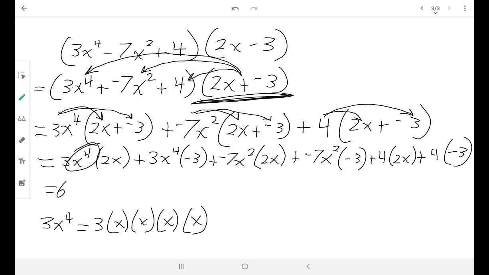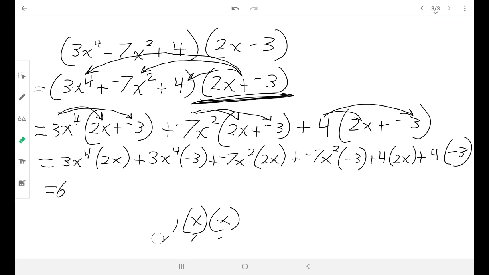And so that's this one here. And then if I multiply it by another x, then I'm talking 1, 2, 3, 4, 5 of them. Okay? So this would come out to x to the fifth, because as we just counted, there would be 5 of them. So that takes care of that one.